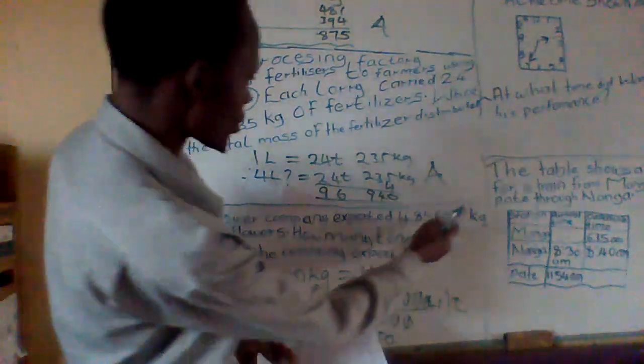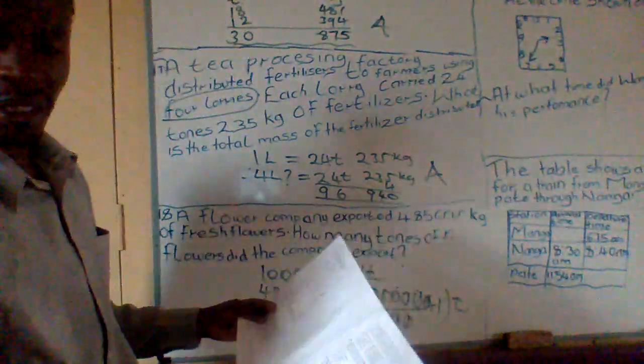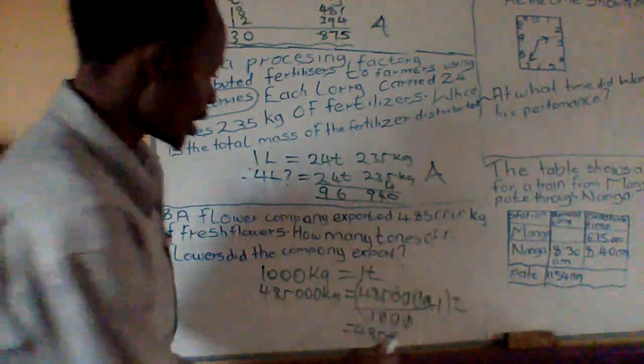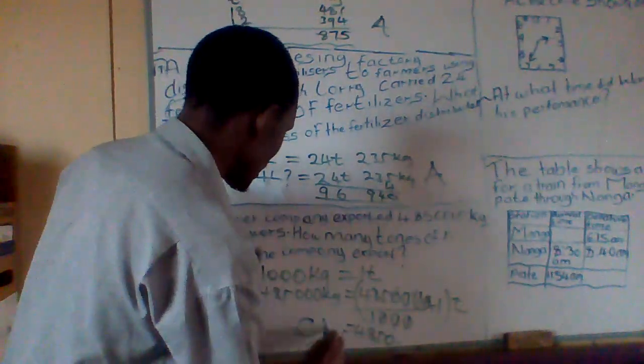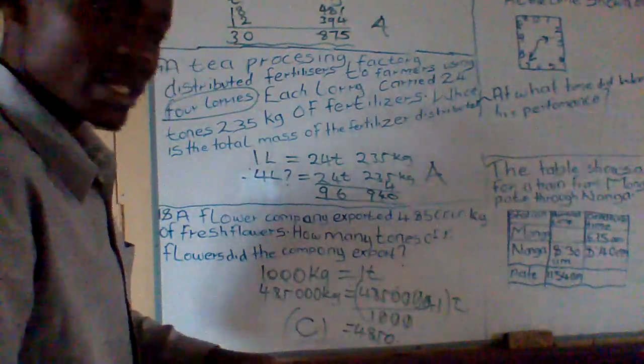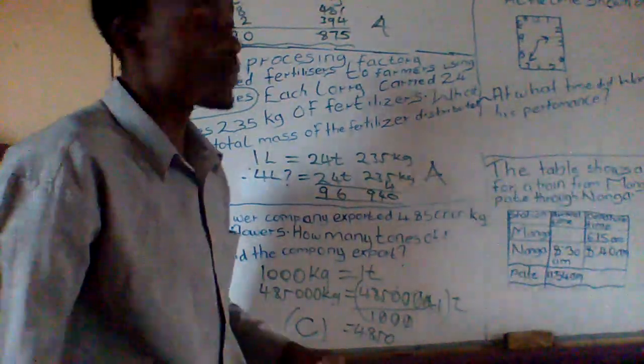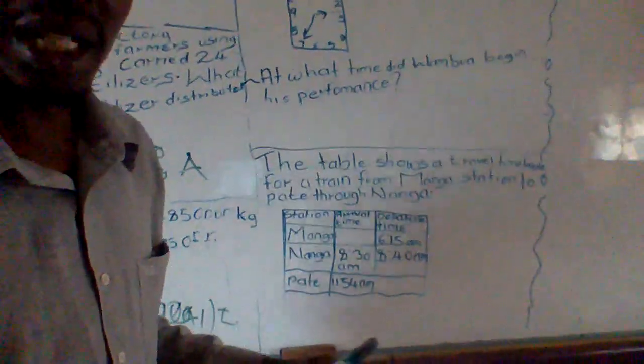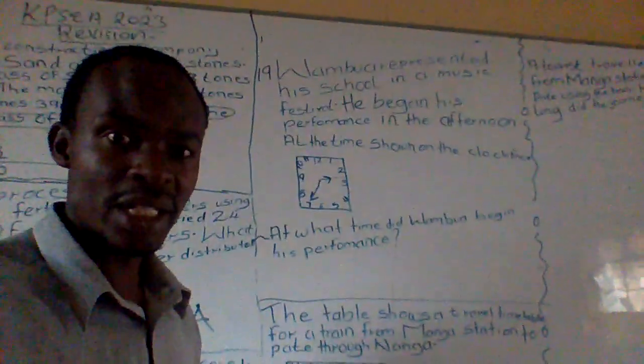We omitted 1 zero here. It was not being visible. So you be careful. The answer now is C. That is our answer. Now our question 19. Question 19. What does question 19 say?